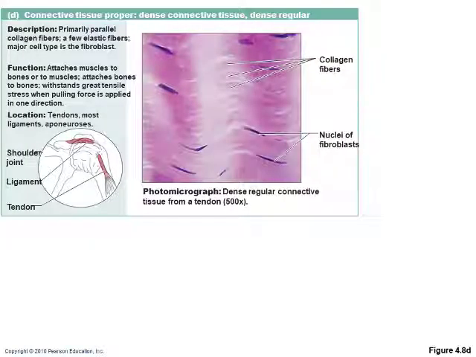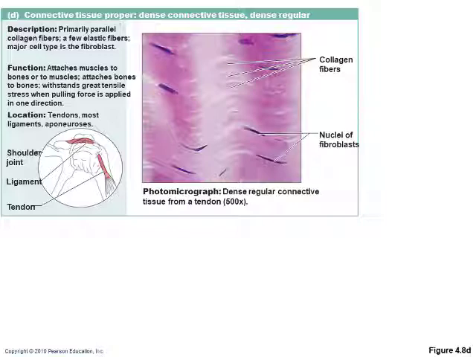Dense is two types, regular and irregular. The fibers are heavily packed. That's why it is called dense. It is hard. Now, dense could be two types. Why do we say regular? If you see the collagen fibers, both are filled with collagen fibers. If you see the collagen fibers all going in the same direction, that is called regular. Makes sense.